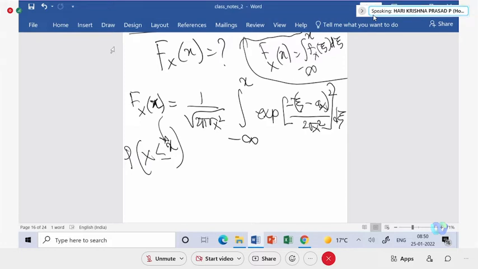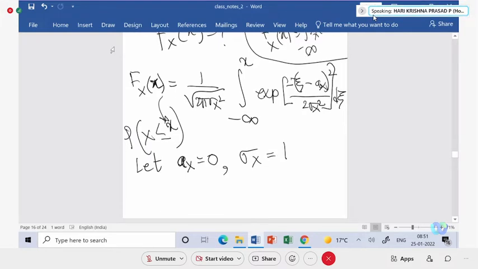As shown earlier. Next, let the mean value of the random variable be 0. When the mean equals 0, another assumption we make is that the variance of the random variable is 1. Variance or standard deviation. If sigma x equals 1, sigma square is also 1.